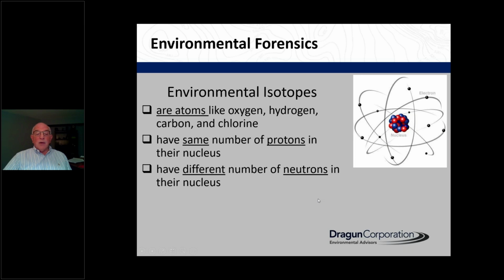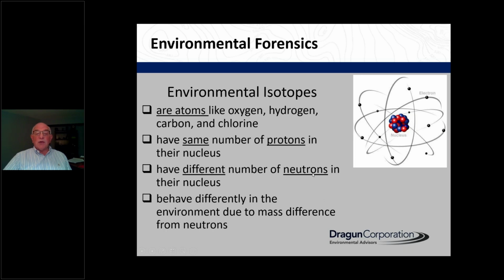So if you have different numbers of neutrons, then the atom or isotope will behave differently due to those mass differences. So you can have, for example, hydrogen with no neutrons, hydrogen with 1 neutron, and hydrogen with 2 neutrons. They would all behave differently in the environment.